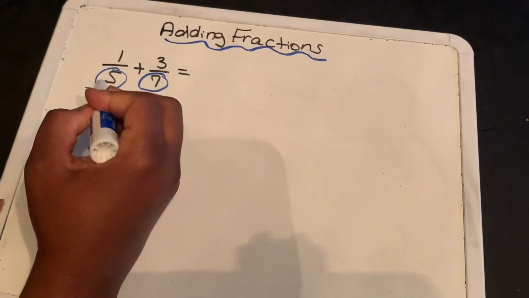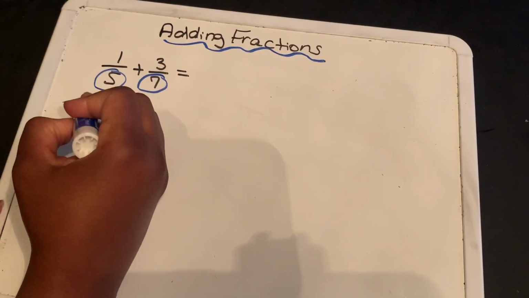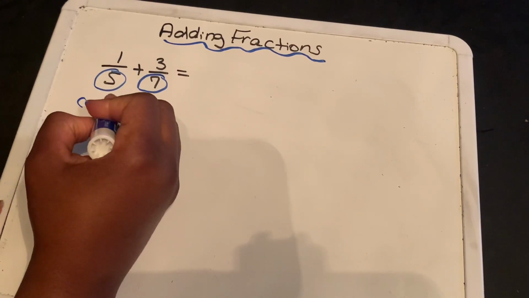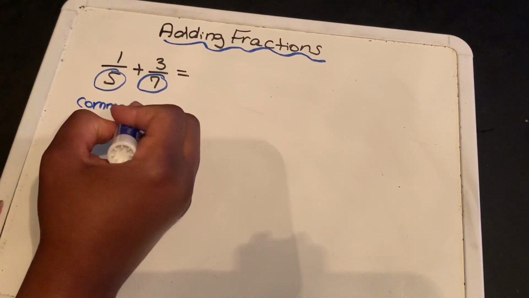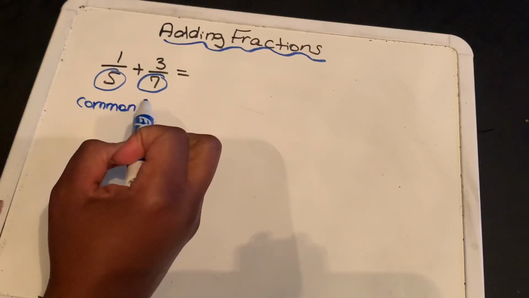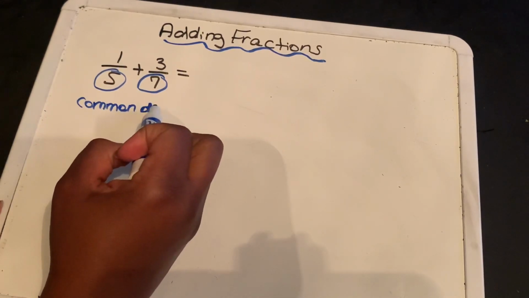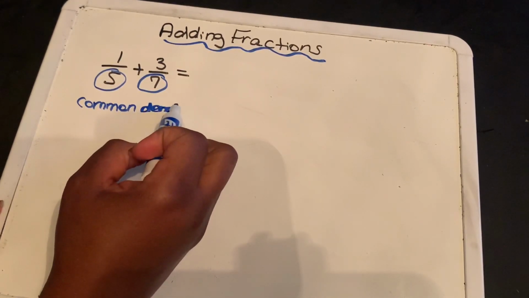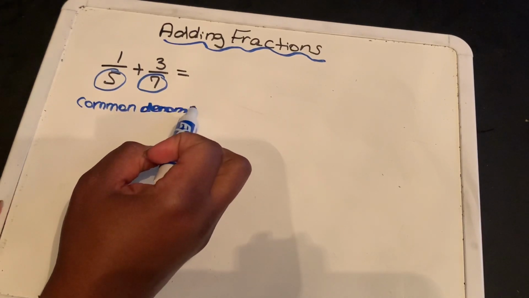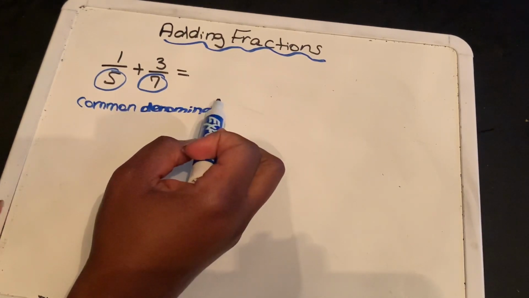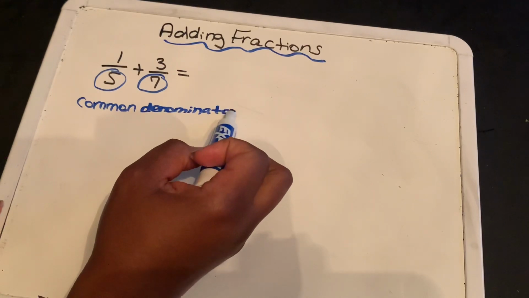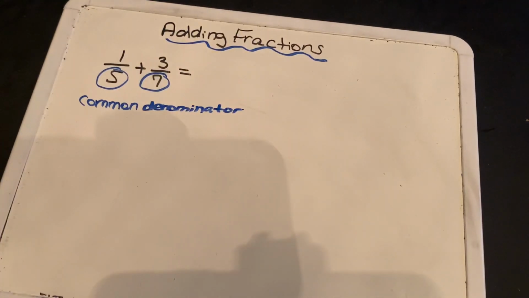Once we identify that common denominator, we are going to be done with the numbers on the bottom. So I will rewrite our fractions. And in order for me to rewrite the fractions so that they are equivalent, I'm going to look at what do I multiply by 5 to get 35?